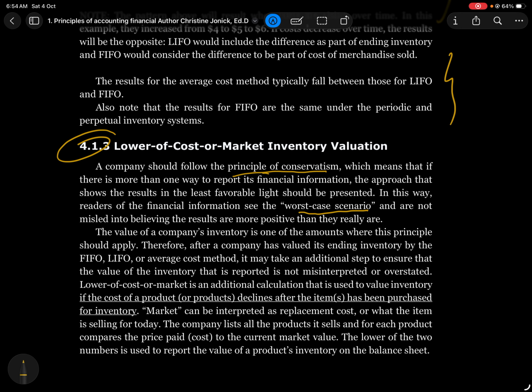It's just a conservative kind of thing. They don't want to overstate their financial information, so that's why they normally do a valuation: how much can they sell it for, or how much does the inventory cost outside. They use all these valuation methods to determine the inventory.